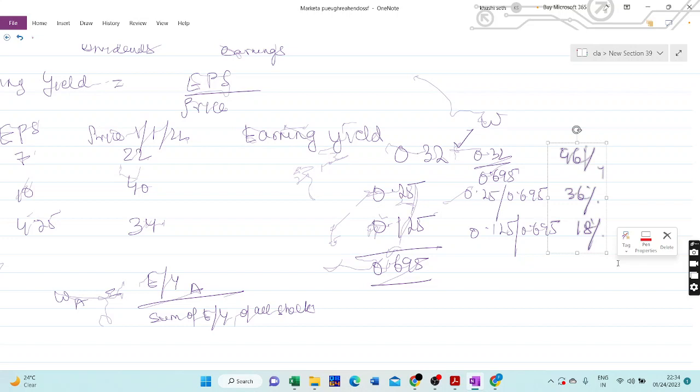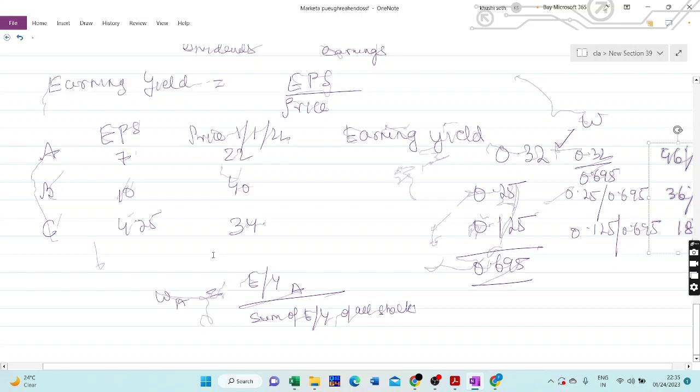Now I'll tell you later on what a value stock is. Basically, the earning yield of stock A is high. Why? Because it's offering higher earnings at a lower price, right guys?